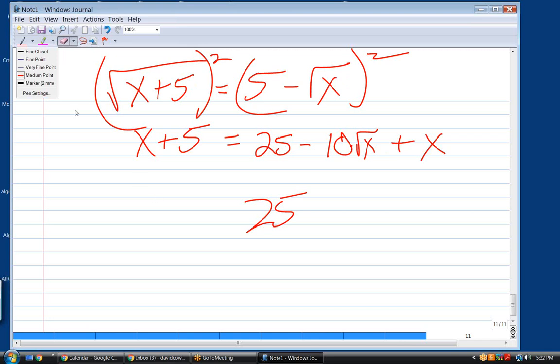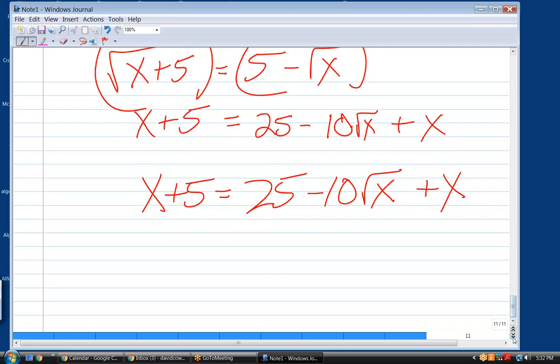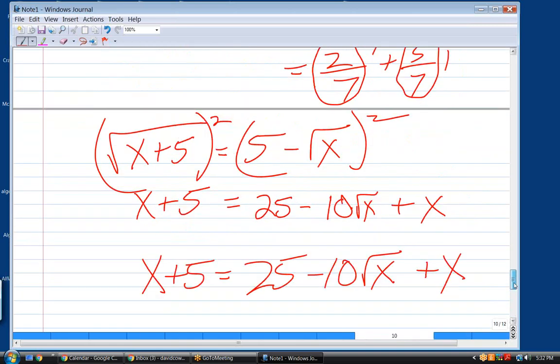So where that leaves me is I still have a radical equation that I have to solve, only it's a little easier now because I only have one radical sign. Okay, what's the next step? First of all, you see how we get to here?